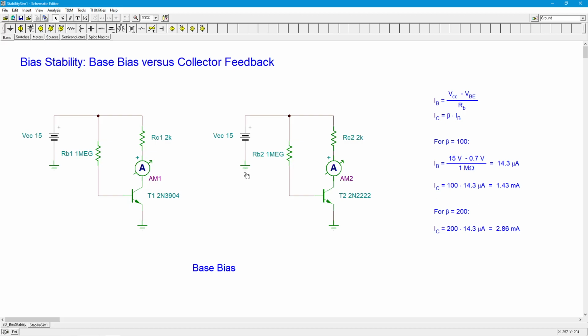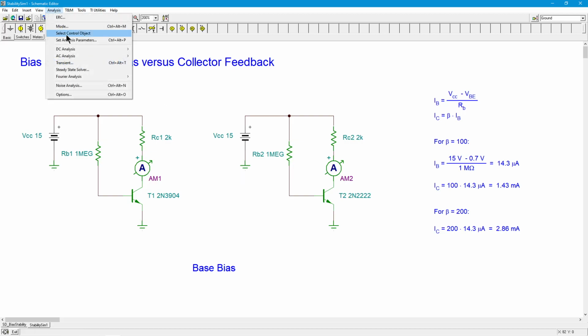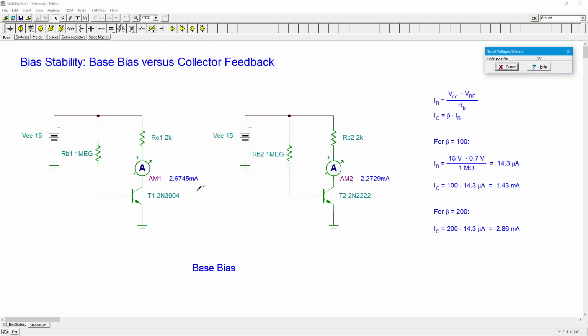So let's do a really quick DC analysis and we'll see what we get. For our 2N3904, we get 2.6745 milliamps. That's pretty close to this upper limit of 200 beta. What's that going to work out to? 185, 190, somewhere around there, but it looks good.